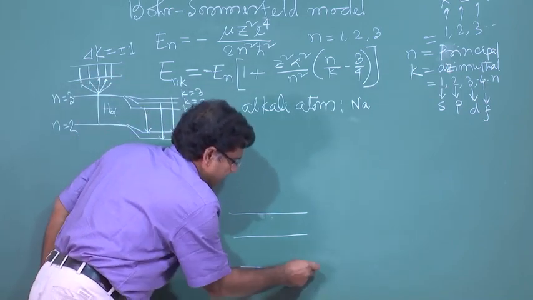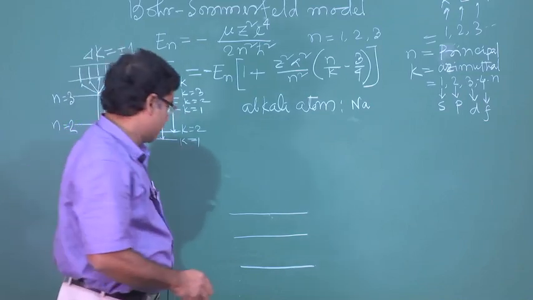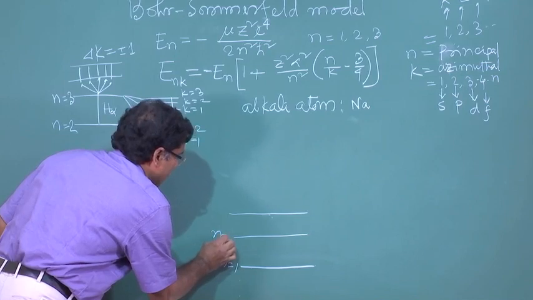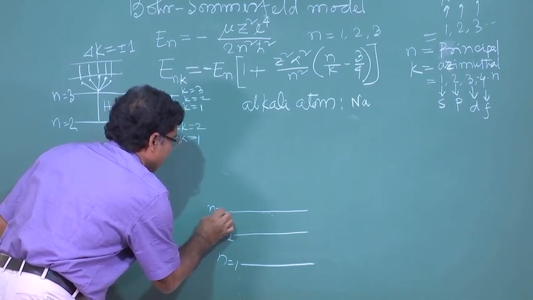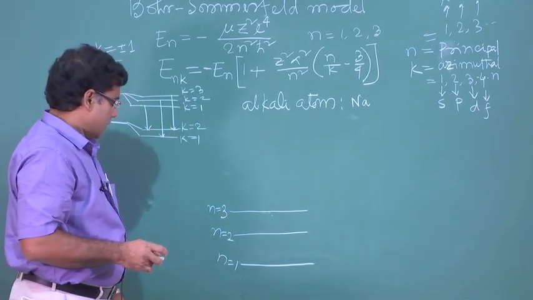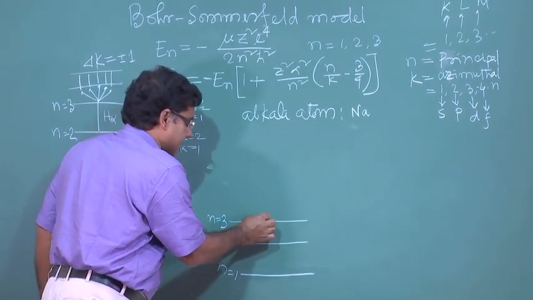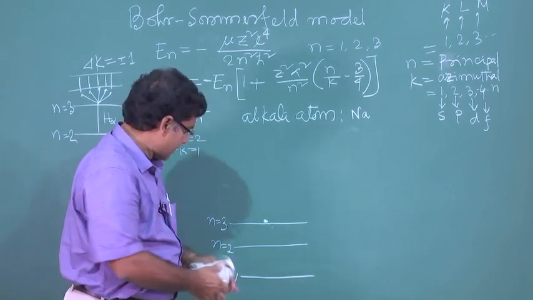So if I take n equal to 3, okay, n equal to 1, n equal to 2, n equal to 3. This outermost electron is basically here, and these two levels are filled.